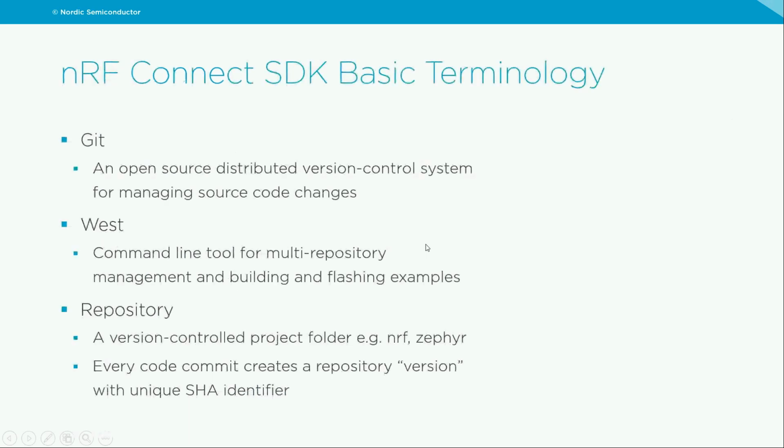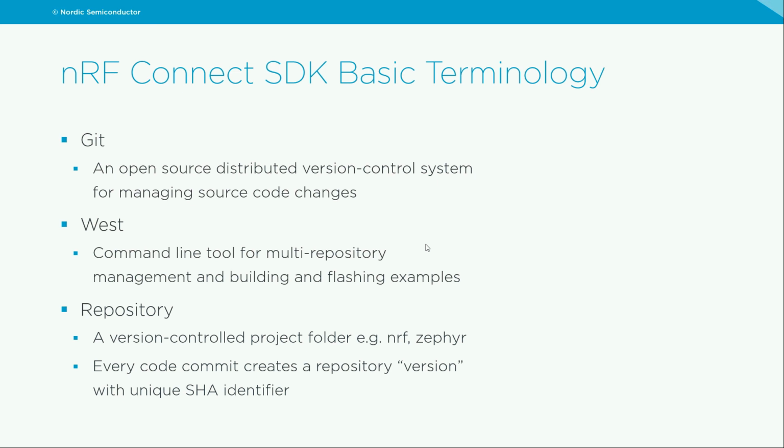Next slide. So just some basic terminology. Git, hopefully most of you are aware of what Git is, but for those of you that are not, it's an open source distributed version control system for managing source code changes. It's well established in the developer community.